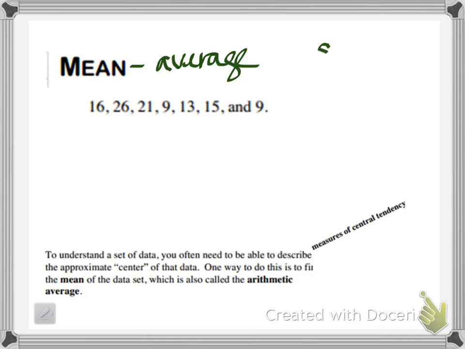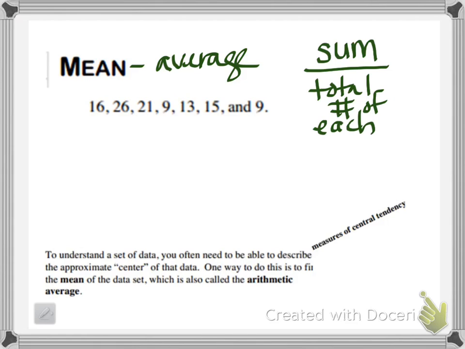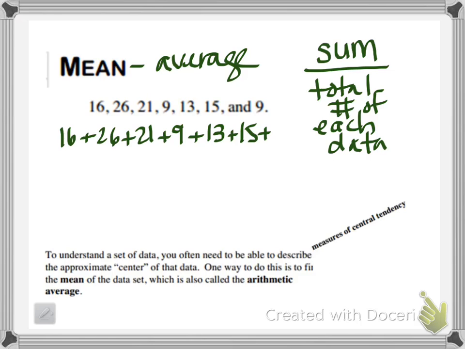And we can find that by finding the sum of our data points divided by the total number of data points. So let's do that. We have 16 plus 26 plus 21 plus 9 plus 13 plus 15 plus 9, all divided by, let's see how many we have, 1, 2, 3, 4, 5, 6, 7, all divided by 7.